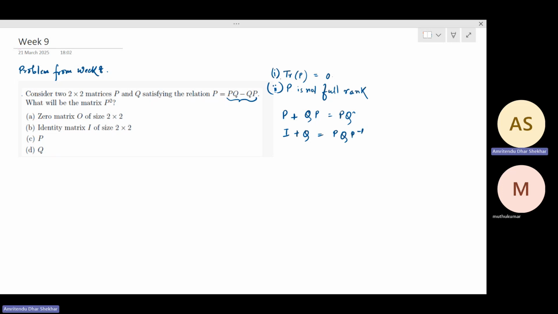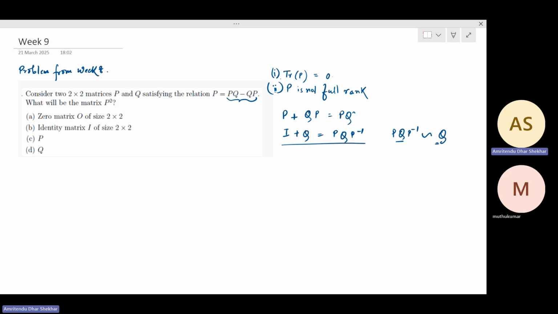Now, the problem with this kind of relationship is that if P is full rank, then PQP inverse is similar to Q, which means that the eigenvalues of this are equal to the eigenvalues of this. But the eigenvalues of 1 plus Q is basically equal to all the eigenvalues of Q plus 1 added to it.